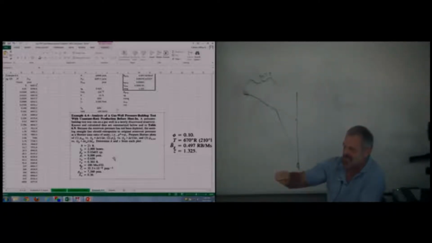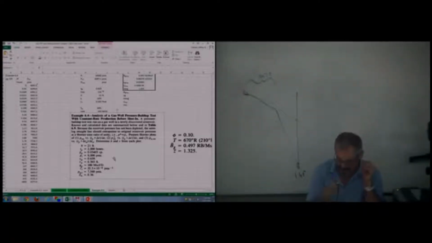That should be easy. You shouldn't have to do almost anything to the choke setting because it won't decline. If you started off at 5 million, you'd have to keep fighting it and keep opening the choke to keep it at 5 million cubic feet a day. So that's probably the reason we're looking at a test with a flow rate of 100 MCF a day. It does not mean it's a terrible well.